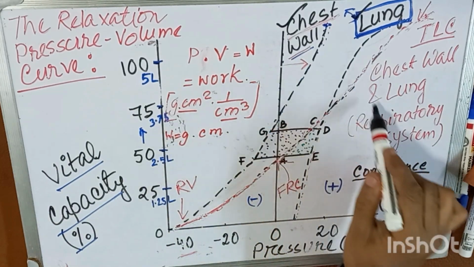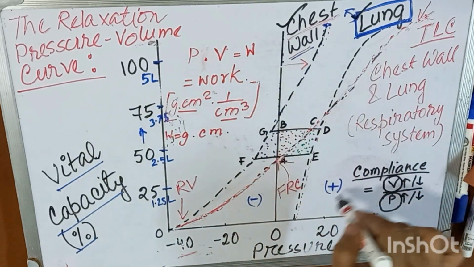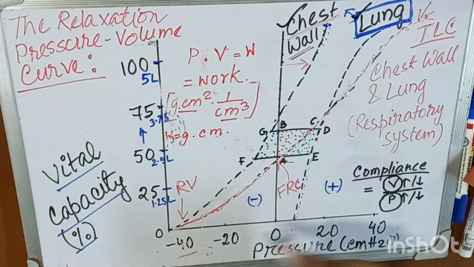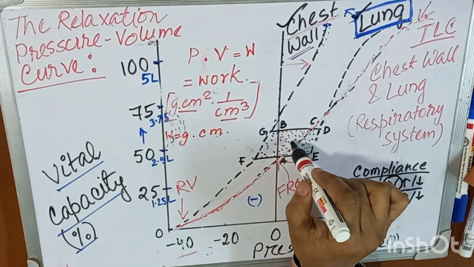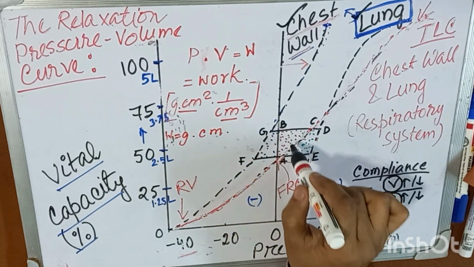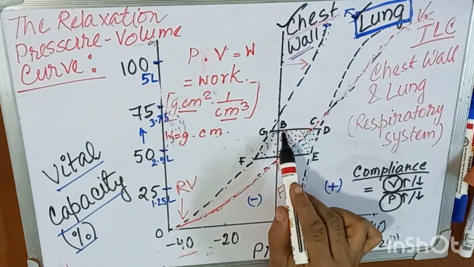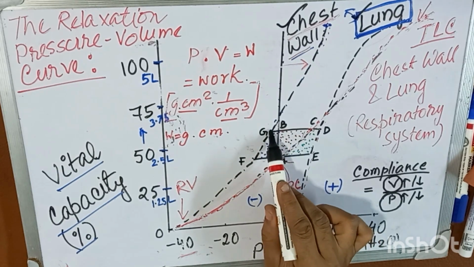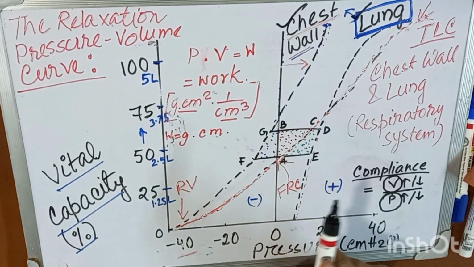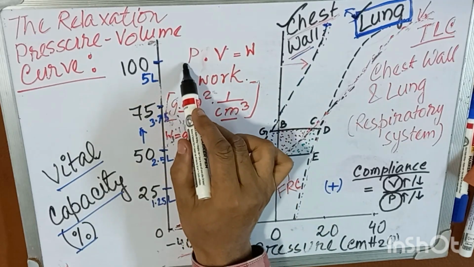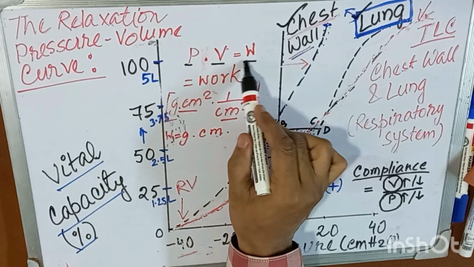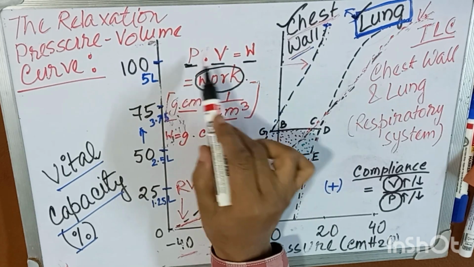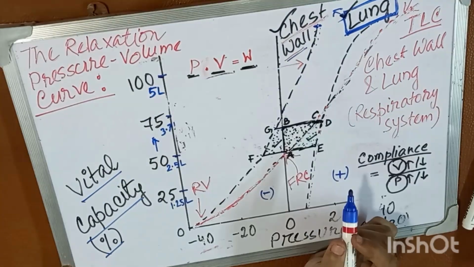So any area within these two defined axes will be pressure multiplied by volume, and this will resemble some work of breathing. Pressure into volume becomes work. Why does pressure into volume become work? Pressure multiplied by volume becomes work.